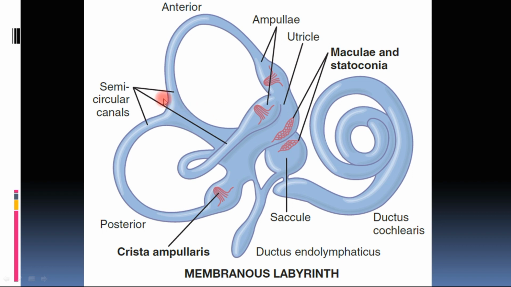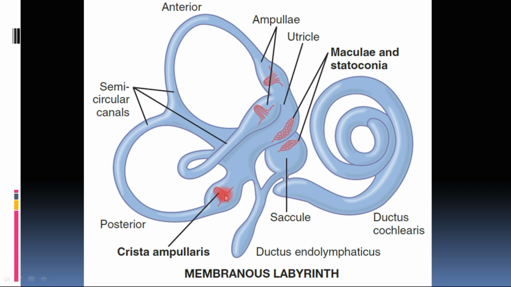There are three semicircular canals, that is the anterior semicircular canal, the posterior semicircular canal and the lateral or horizontal semicircular canal. And then there are two large chambers inside the membranous labyrinth. The first large chamber is called utricle and the second large chamber is called saccule.